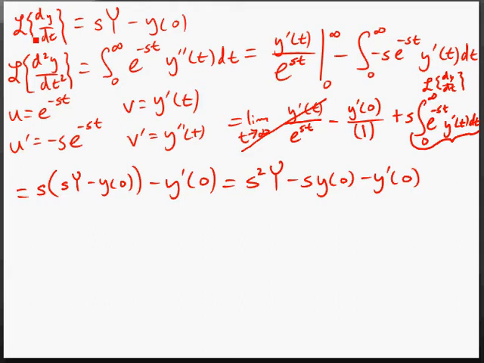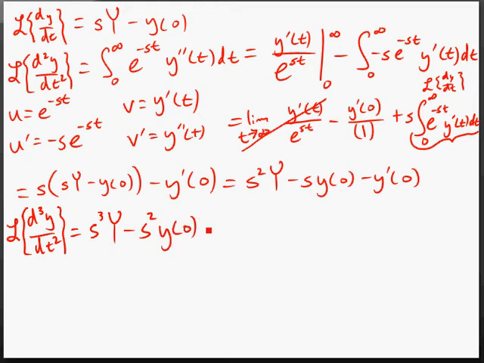By following that same pattern, we can guess what the Laplace transform of a third derivative might be equal to, and if you follow the same pattern, it'll be equal to s cubed Y minus s squared y of 0, little y of 0, minus s y prime of 0 minus y double prime of 0. And you can continue the pattern on and on.